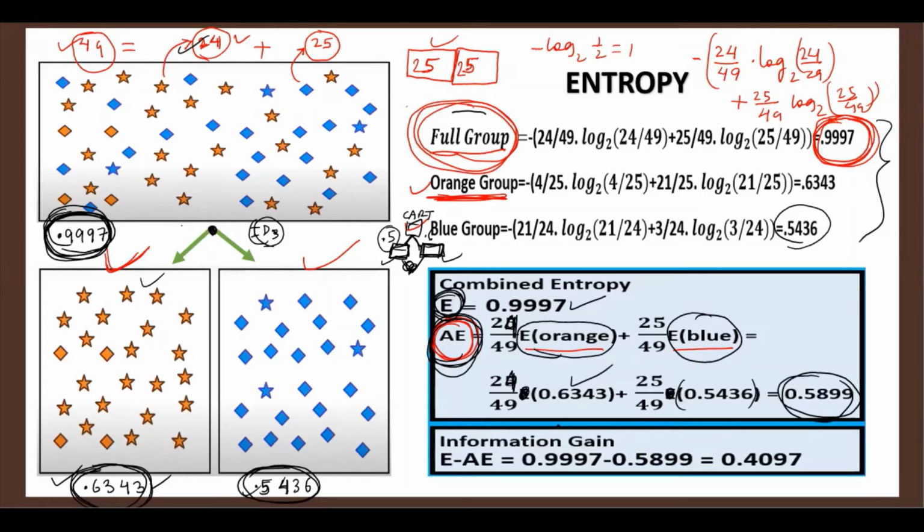So information gain from here to here, when you go, what is the final information gain? From the combined entropy here, you subtract the average entropy information. Remember, when you take the weighted average of the entropies for orange and blue here, this is 0.6343, this is 0.5436.